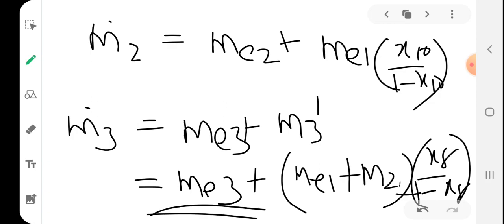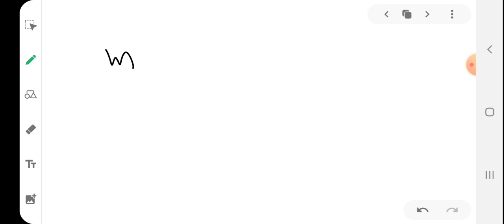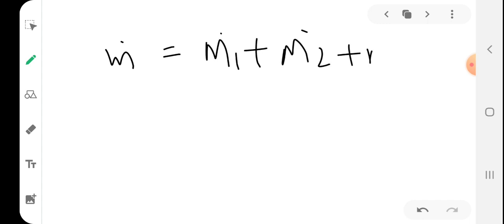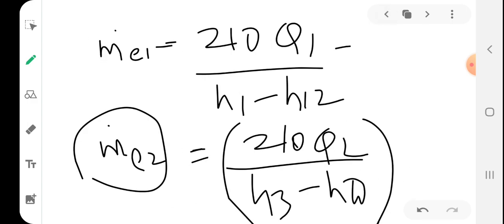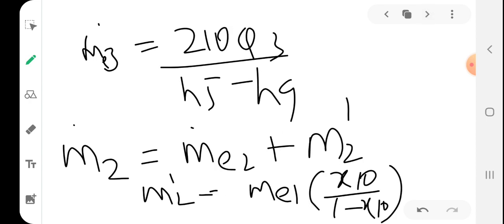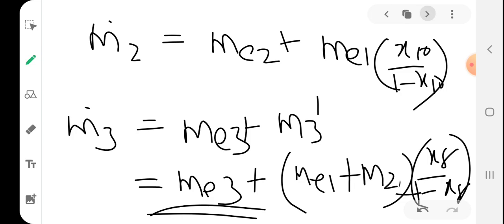So this will be the equation. The total mass flow rate will be m1 dot plus m2 dot plus m3 dot. So what is m1 dot? m1 dot is this itself. In this case it is the same: m1 dot will be me1 dot itself.